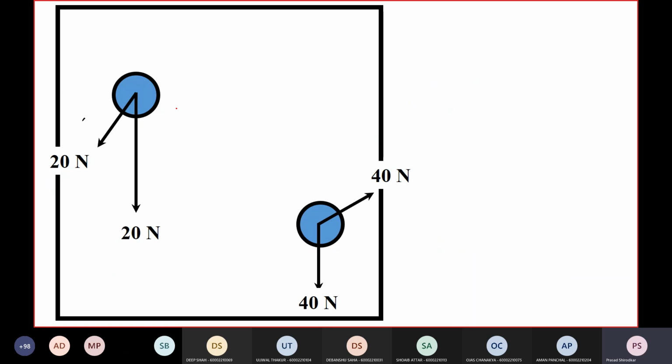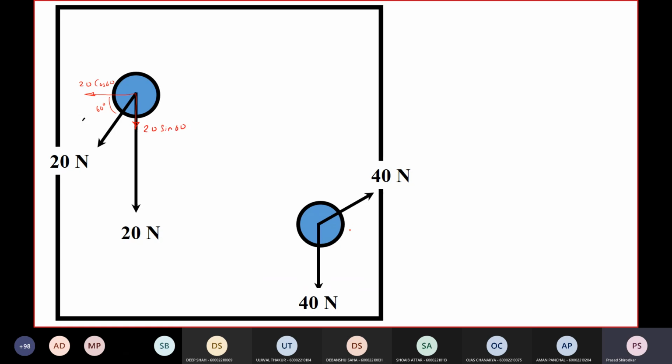So I have transferred the force. Now the next step is to resolve these forces in horizontal and vertical directions. So this is 20, and this is 60 degrees. So this is 20 cos 60 and this is 20 sin 60.